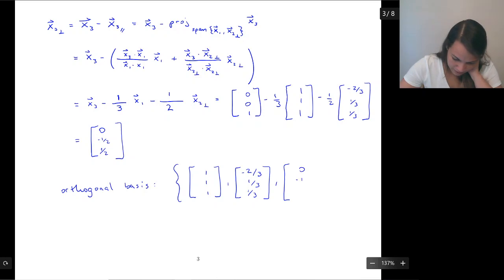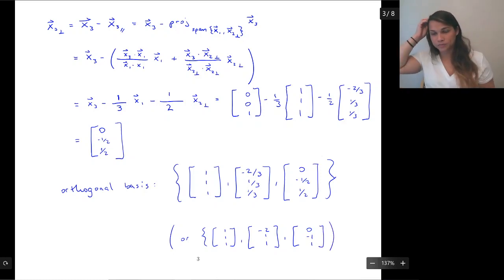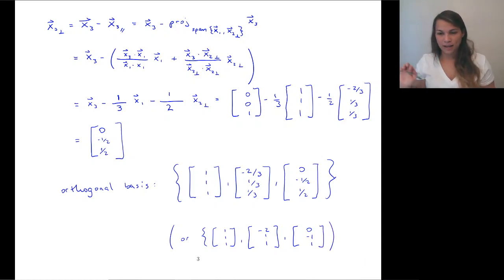And 0, negative a half, and a half. Parenthetically, we could also not look at all those gross fractions and we would get something like this. There we go. So that is also a perfectly valid choice for an orthogonal basis.